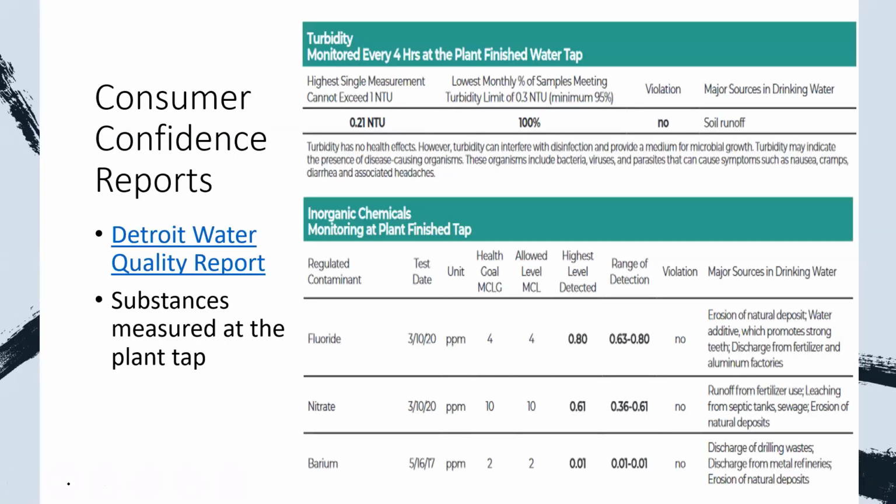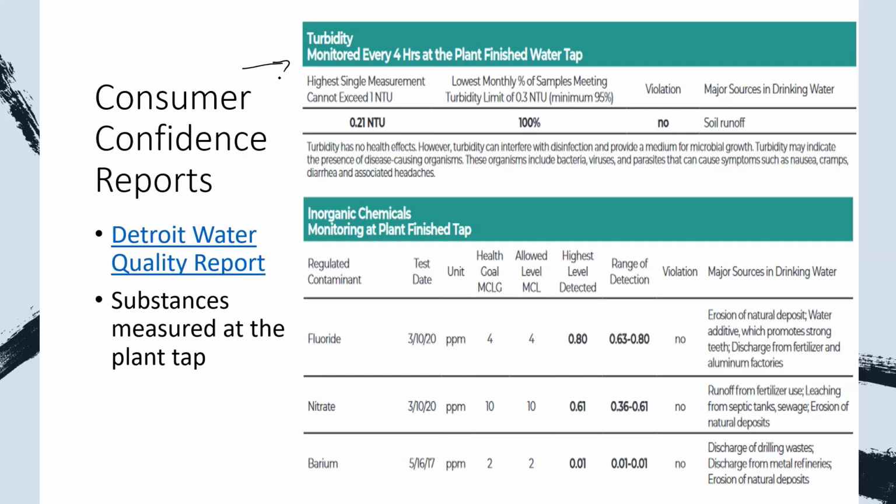This is just an example of the water quality report from Detroit. And notice it has certain requirements for providing information about water at the tap. And what's required also depends whether it's a groundwater source or a surface water source.